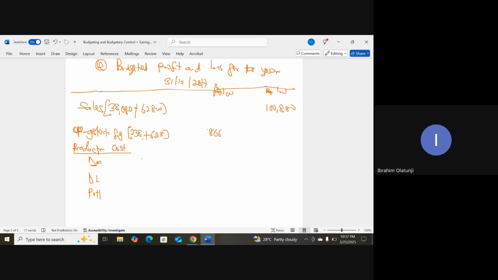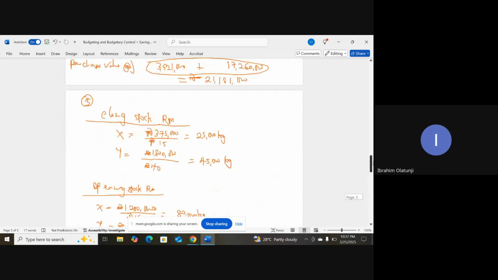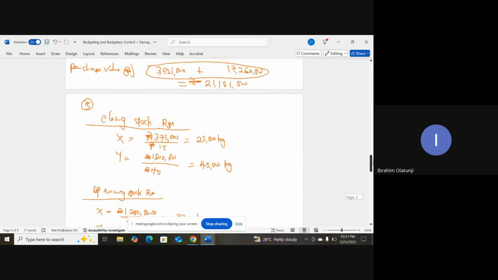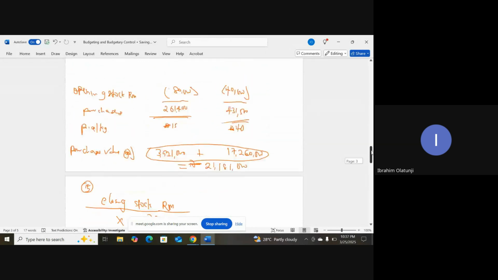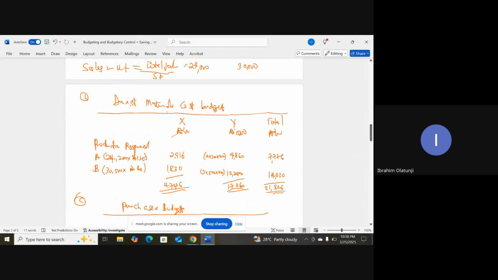Then we can go to our requirements and pick them one after the other. So what is our direct material? Direct material that we calculated. I believe it's clear. You can see direct material cost.